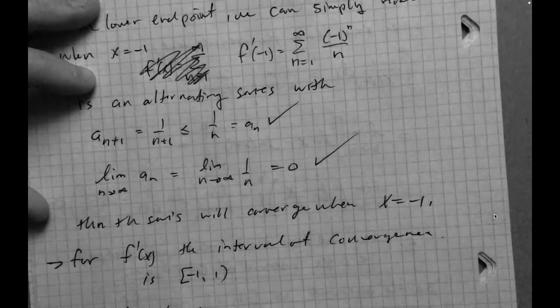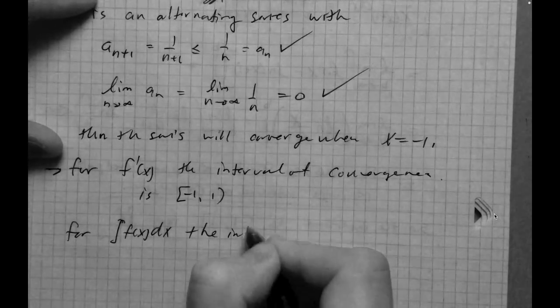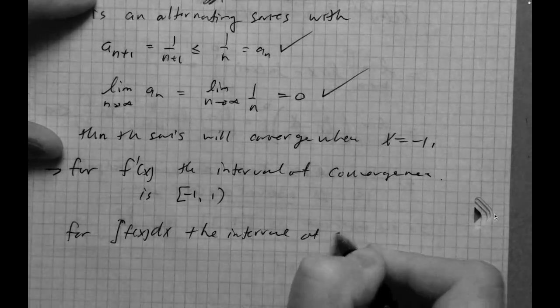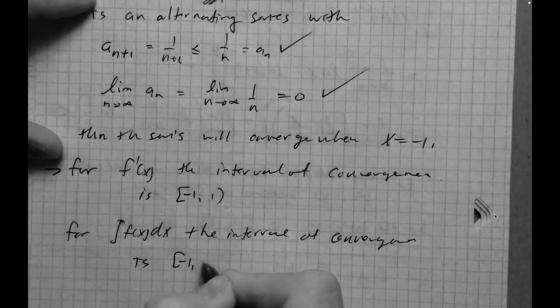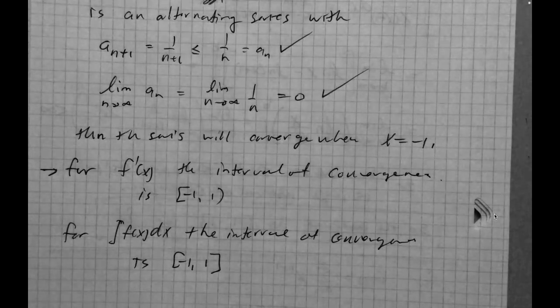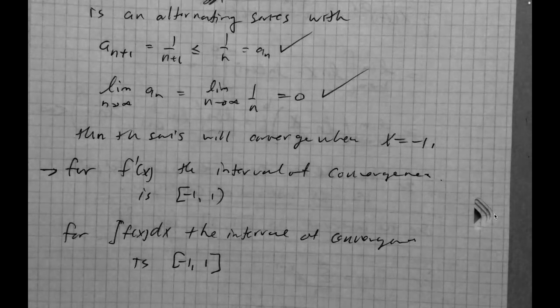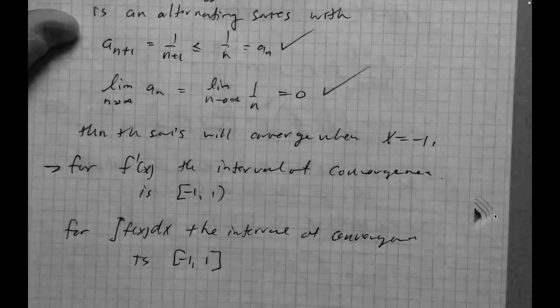For the integral of f of x dx, the interval of convergence is -1 to 1 inclusive, both sides, right? So they're different. Same radius, different intervals. The endpoints vary. Now what about the original function? Where does it fall? Let's see. We can do that one really quickly.